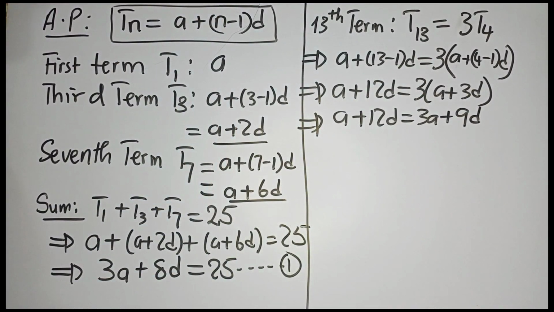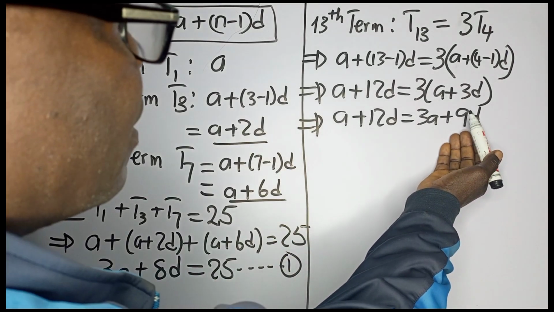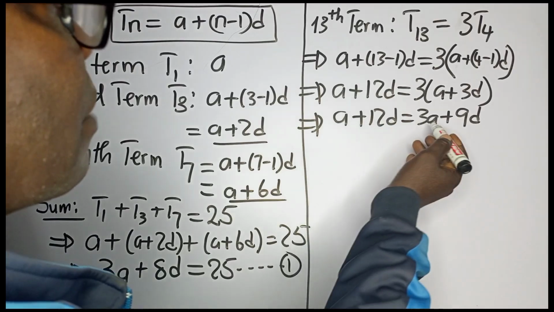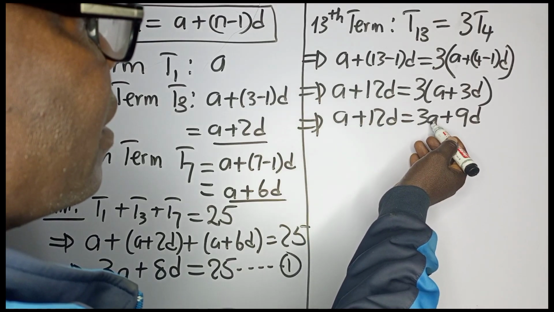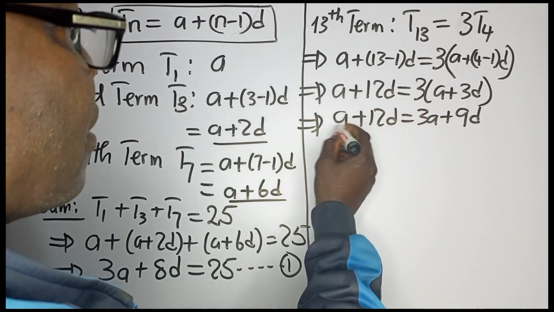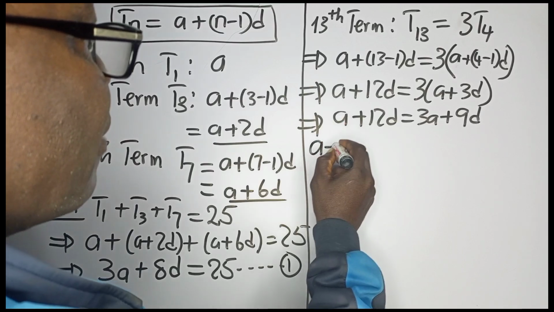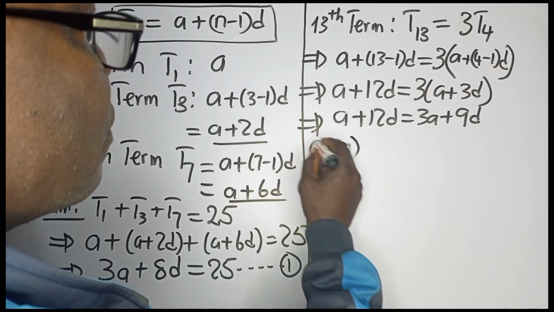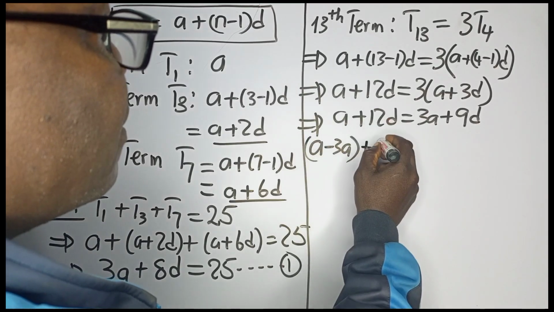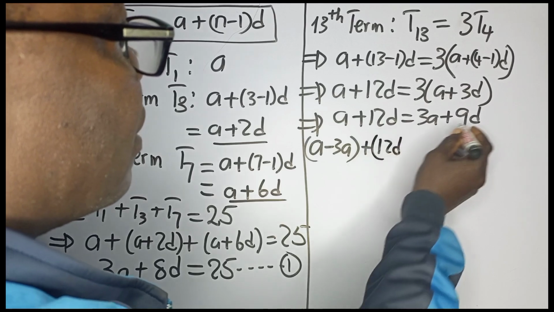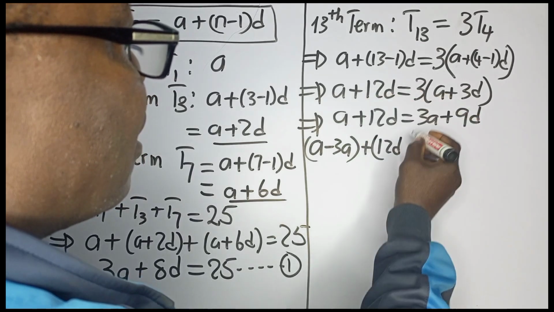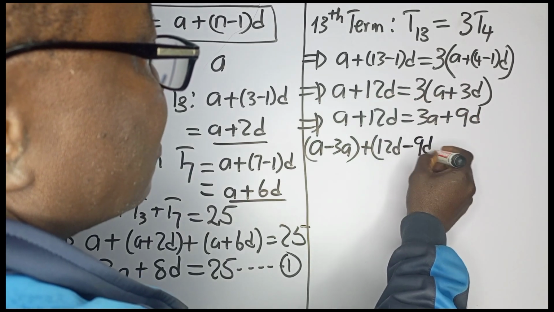All right. We arrange everything to have A, D, and then equal to a constant. So let's bring everything from the right-hand side to the left-hand side. Remember, this is plus 3A; coming over, it will become negative 3A. So we have A, which is already here, minus 3A, plus 12D, which is already here. We're taking this 9D from the right-hand side to the left-hand side, so it becomes minus 9D.